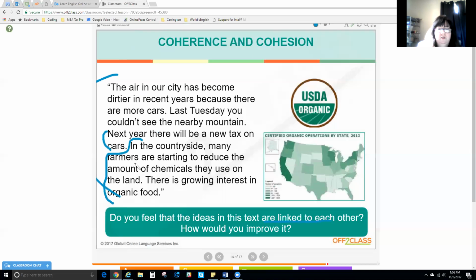Okay, organic food and chemicals seem to be linked. They're contrasting ideas. This seems like an idea of its own. And then these two sentences seem like they have an idea of their own, right? So how can you improve this?